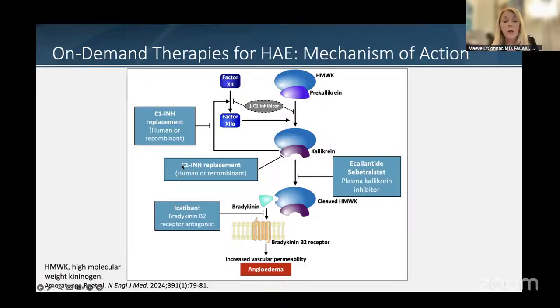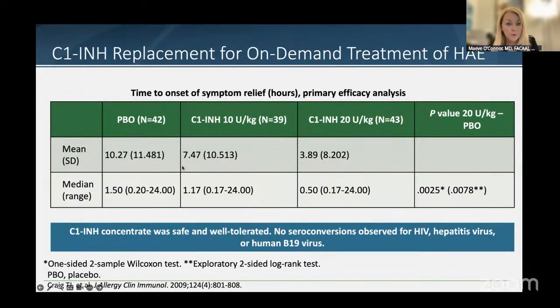So now we're going to look a little bit more closely at the evidence to support these therapies. This was one of the first studies to evaluate on-demand treatment for hereditary angioedema. And again, you can see this was published in 2009. This was Craig and other authors. And it demonstrated that symptom relief was achieved significantly faster with C1 inhibitor versus placebo.